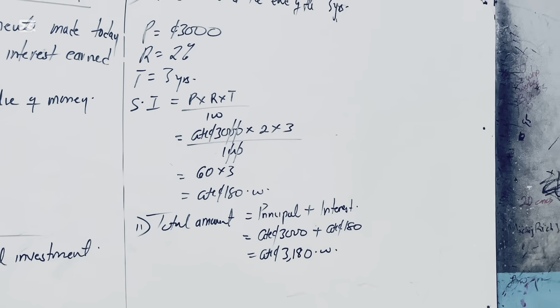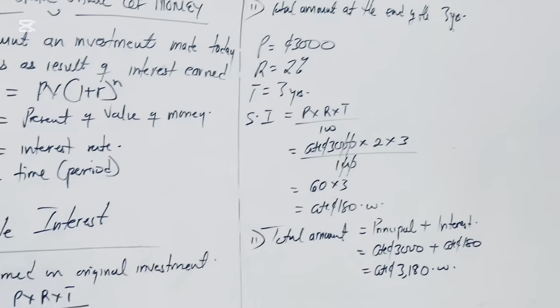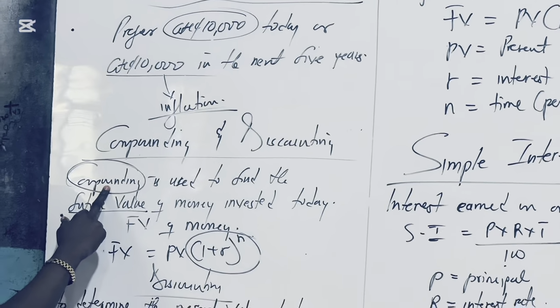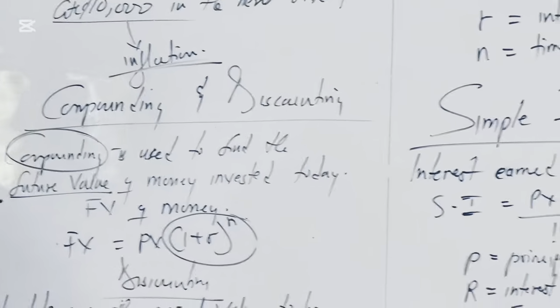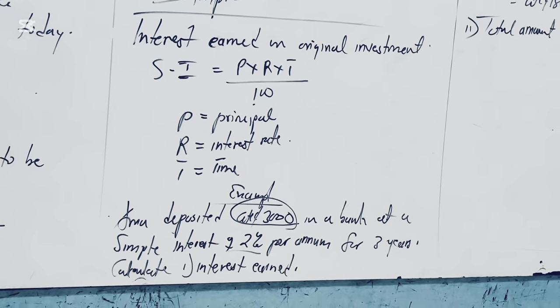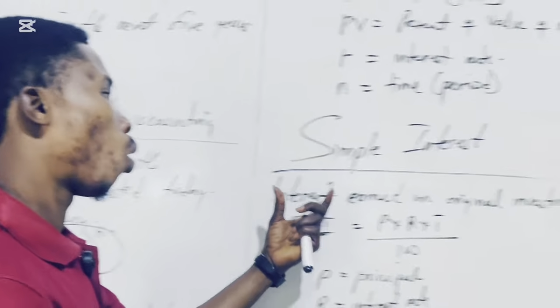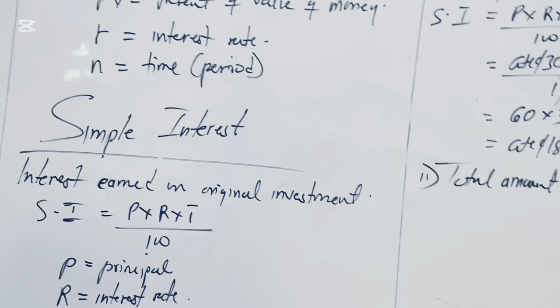So normally most people prefer compound interest to simple interest, because this one will yield more interest as compared to simple interest.